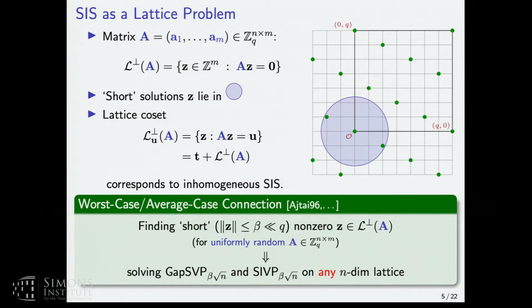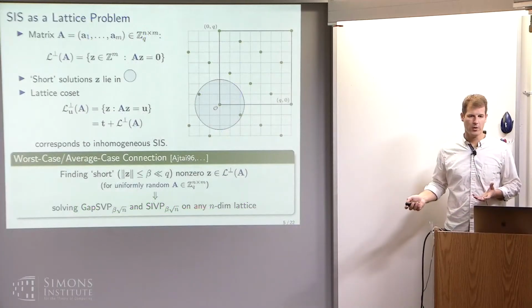There are some quantities here that are important. The length of the vector should be at most some bound beta that we fix in advance, and beta should be substantially lower than Q. You can always find vectors of length Q, like this one here. But if you fix beta to be substantially less than Q, then finding lattice vectors of that bounded norm is as hard as approximating lattice problems to factors roughly beta times root n.